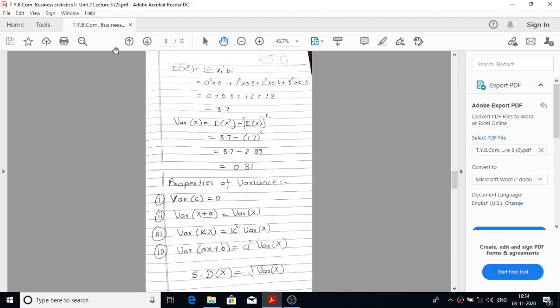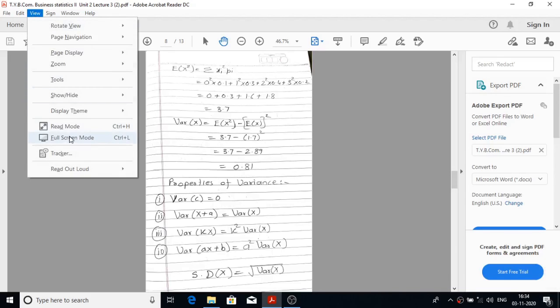Then we will find expected value of x square. Expected value of x square is written as summation xi square pi, which is equal to 0 square into 0.1 plus 1 square into 0.3 plus 2 square into 0.4 plus 3 square into 0.2, which is nothing but 0 plus 0.3 plus 1.6 plus 1.8.